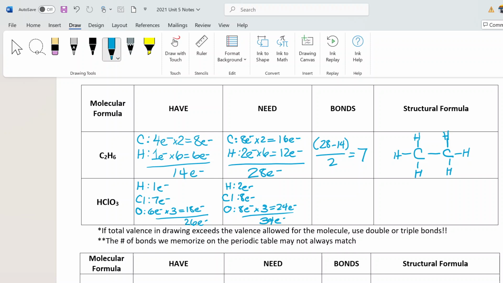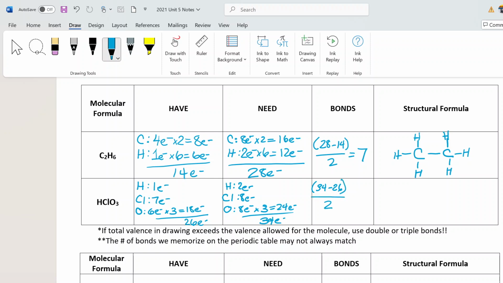Okay, so now we're going to take 34 minus 26, and we're going to divide it by 2.